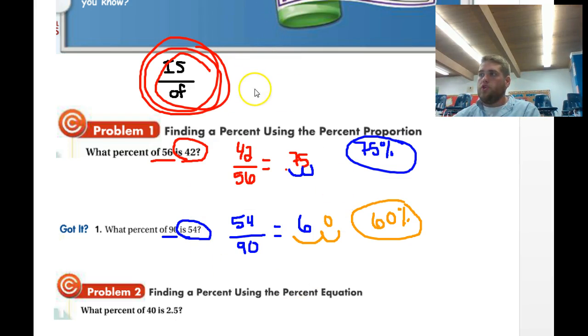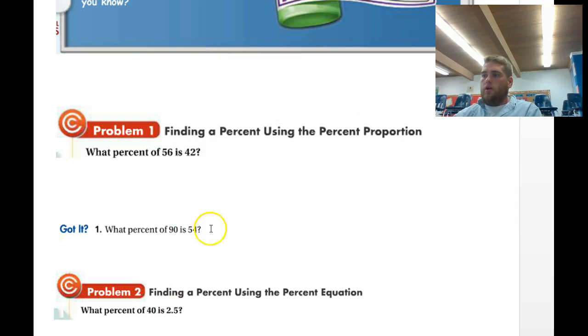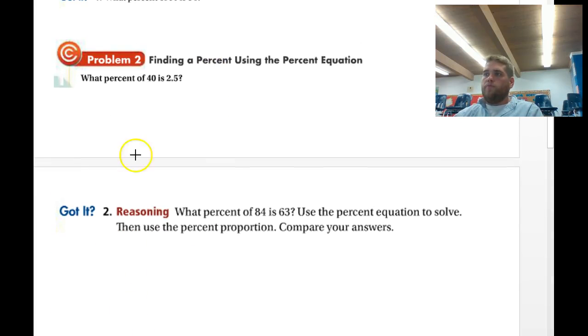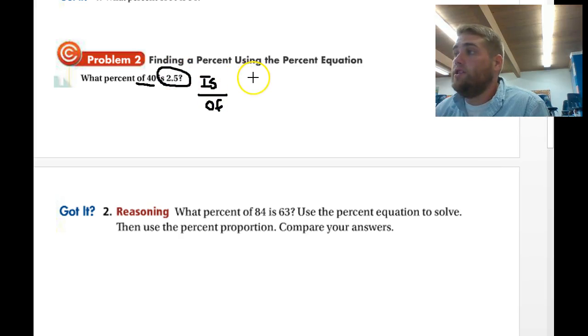Okay, so problem 2, let me erase this. We have what percentage of 40 is 2.5. So is over of. Is is 2.5, of is 40.